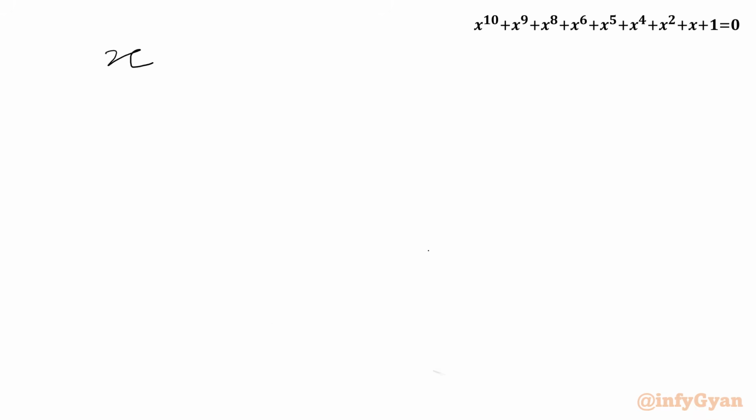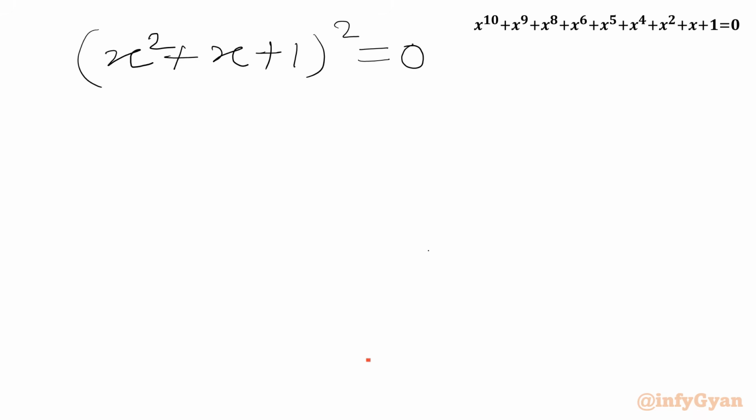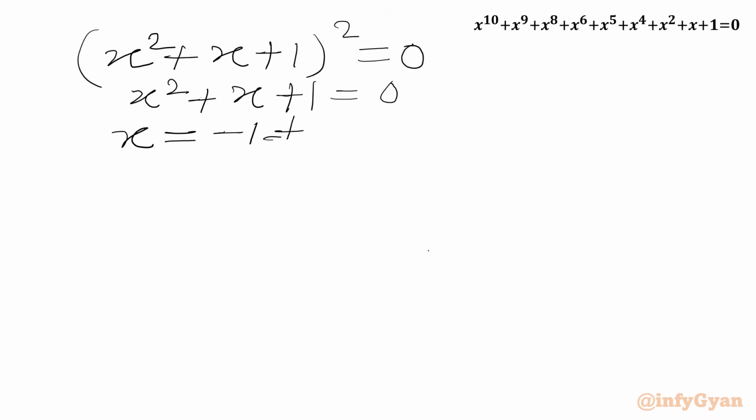I will write the quadratic x square plus x plus 1 whole square equal to 0. Now we will write here x square plus x plus 1 equal to 0 with multiplicity 2. Let's use the quadratic formula. We will get x equal to minus b. b is plus 1, so minus 1 plus minus square root of b square, which is 1 square is 1, minus 4 times 1 times 1, which is 4, over 2 times 1, 2.